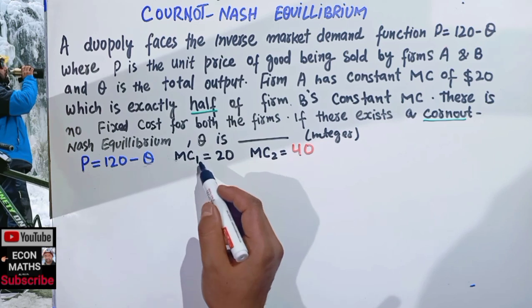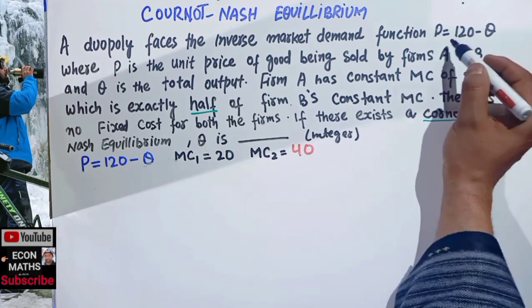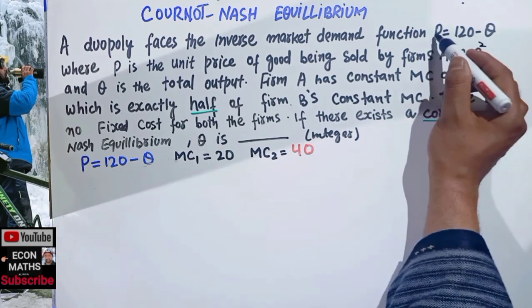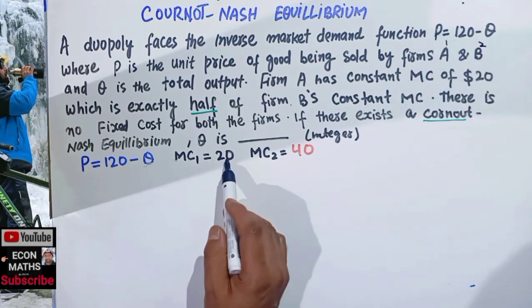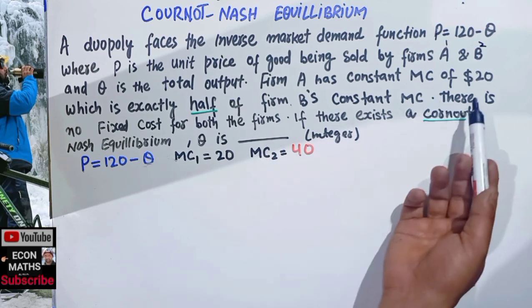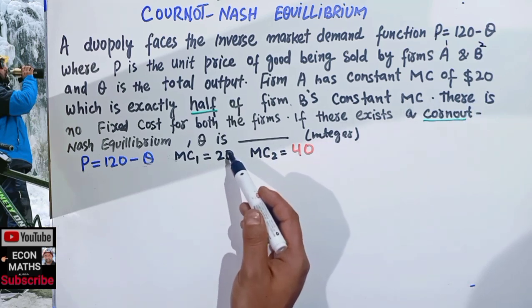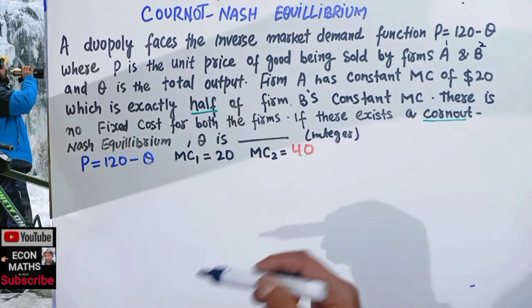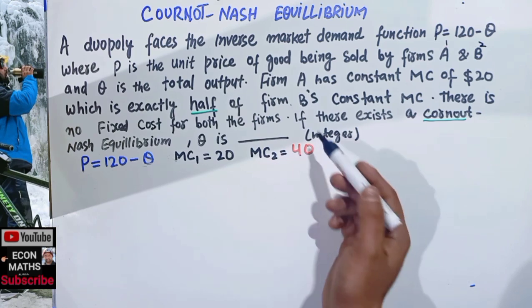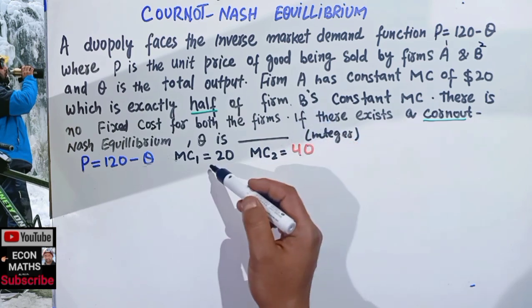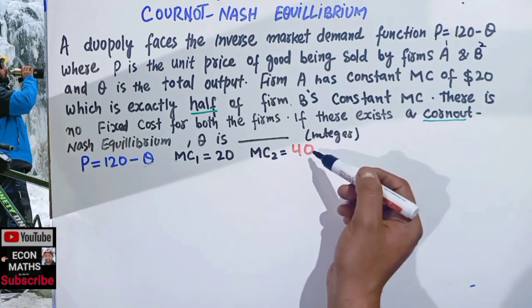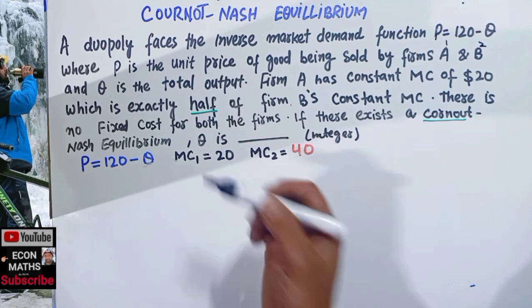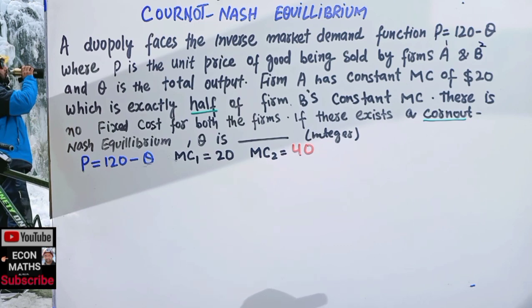Marginal cost of firm A and B, I am writing as 1 and 2 for the sake of simplicity. So marginal cost of firm 1 will be 20, which is being given to us, and we are told it is exactly half of the marginal cost of firm 2, that is firm B. That means firm 2 will have twice the marginal cost of firm A, so MC2 will be equal to 40.